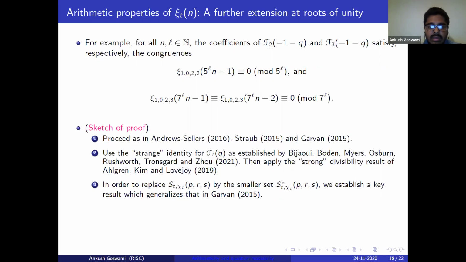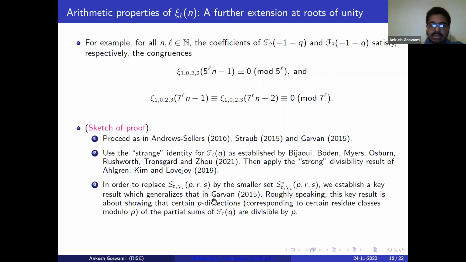Okay, and now for the second part of the theorem, if we want to replace the set S_t chi_t by the set S_t chi_t star, then we have to establish a key result which generalizes that in Garvin 2015. This key result is about showing that certain p-dissections of the partial sums of F_t(q) are divisible by p.